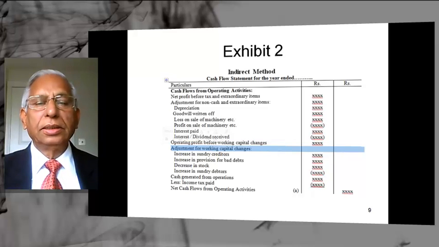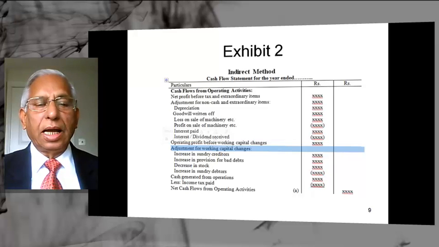Now to this item, we make adjustment for changes in working capital. In fact, we can say we are now making adjustment to this item for changes in current assets and current liabilities. So increase in sundry creditors, increase in provisions for bad debts, decrease in stock, increase in sundry debtors.